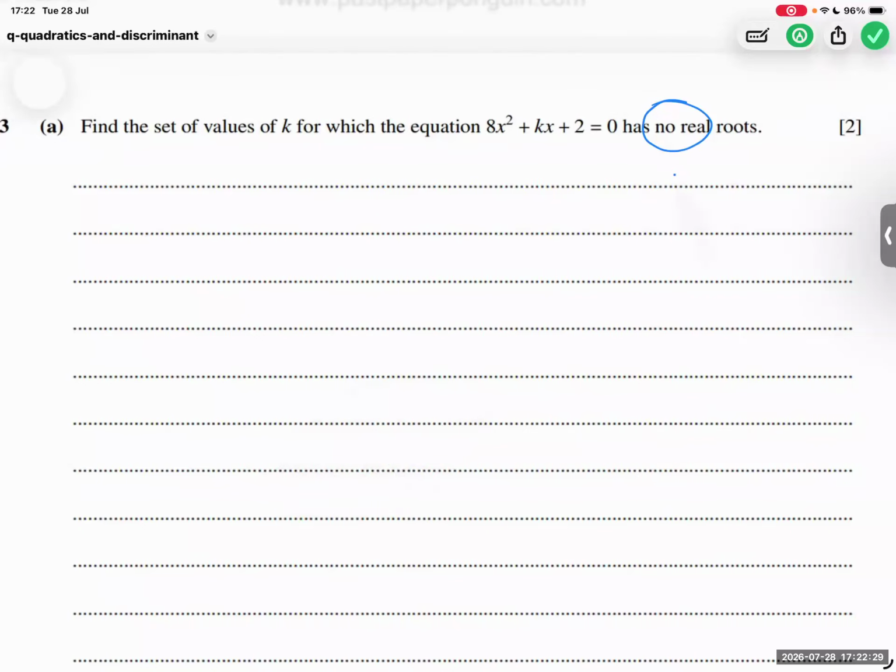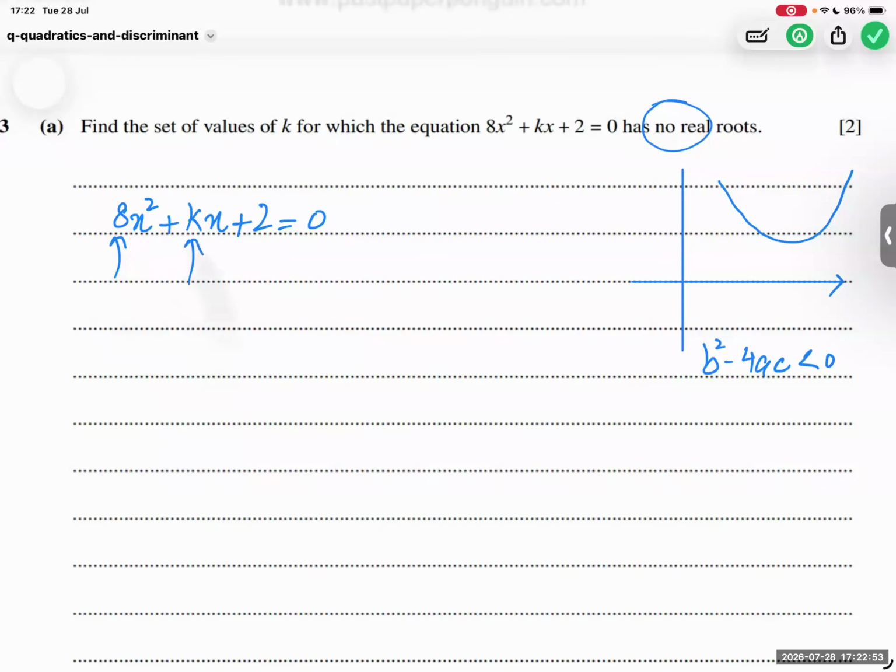No real roots would mean that my quadratic curve is not intersecting the x-axis, right? And in case of discriminant, it has to be b square minus 4ac is less than 0. So let's do it. That is 8x square plus kx plus 2 is equal to 0.